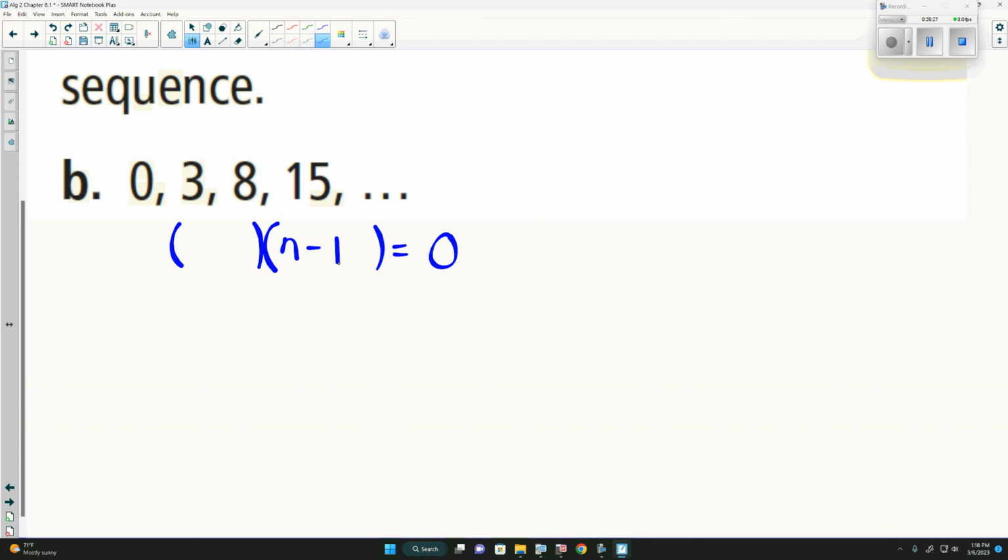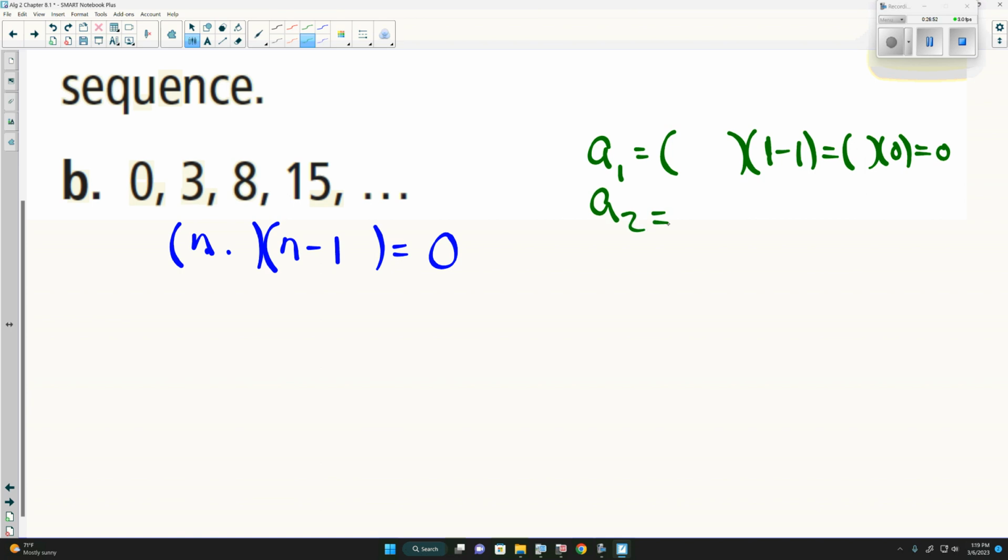Because n minus 1 did help us get 0, yes? But we know it's most likely not going to be n. Because for our first one, a sub 1 would be something times 1 minus 1, something times 0 to give us 0. Well, that doesn't help us too much because anything times 0 is indeed 0.